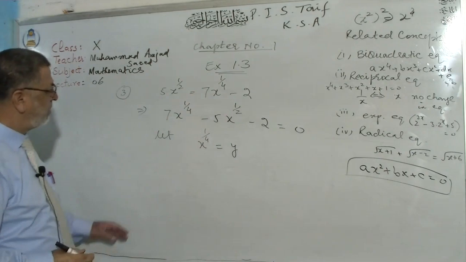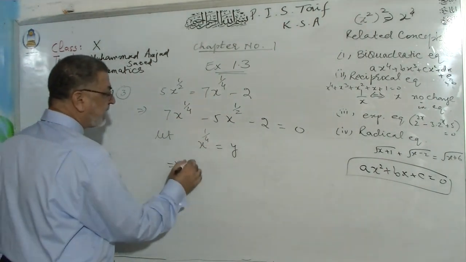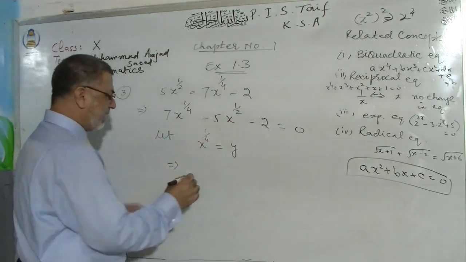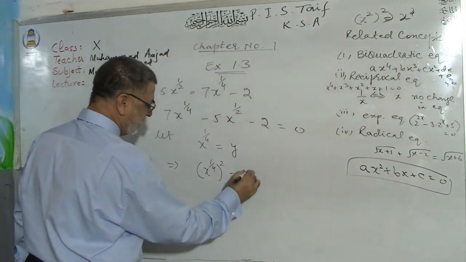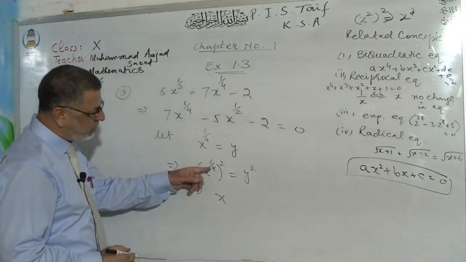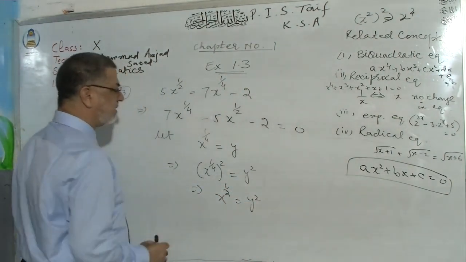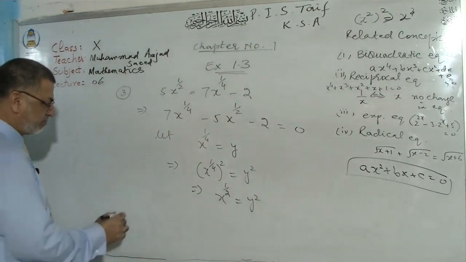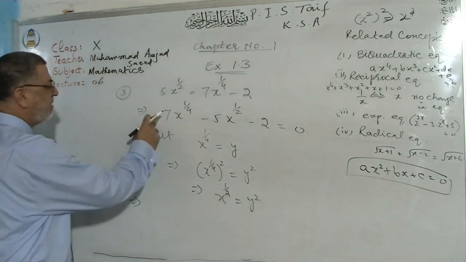Let x power 1 over 4 be y, and taking square for finding this value, x^(1/4) whole square is y square, x power 1 over 4 multiplied by 2 gives 1 over 2, that is y square. So here you can put the values.